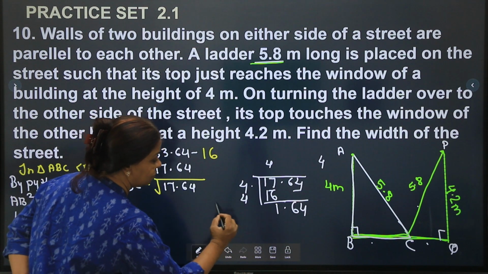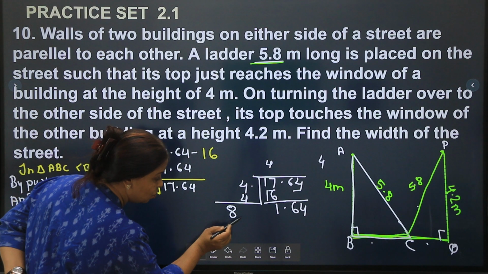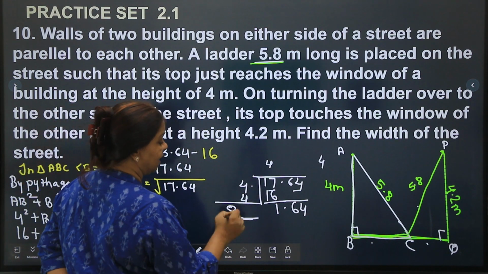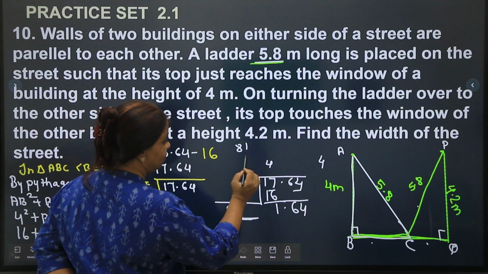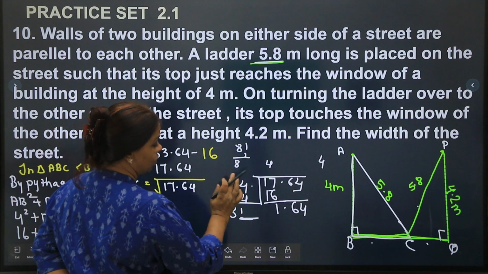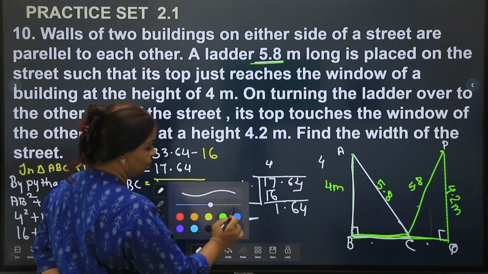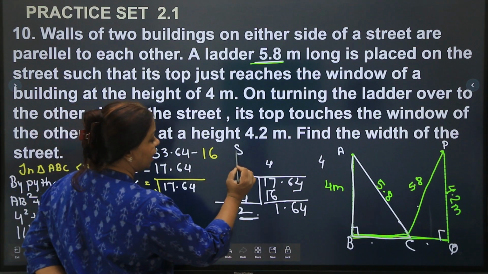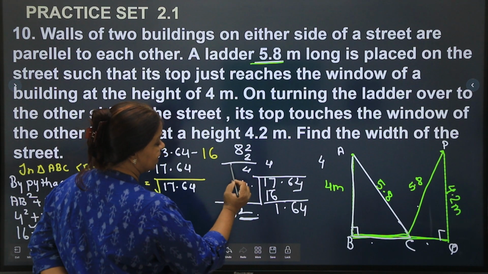Add 4 here, 4 plus 4 is 8. Now I need to write here any number so that I should multiply. If I write 1 here, 81 multiplied by 1 will be 81, which is very small. So what I will do, I will write 82. 82 multiplied by 2, 2 2s are 4, 2 8s are 16.